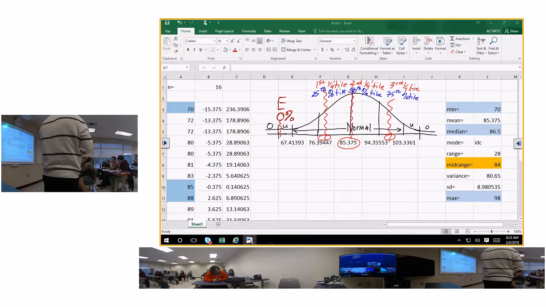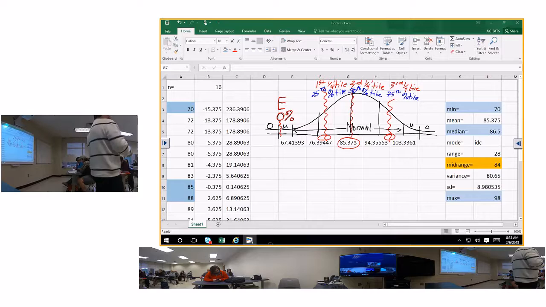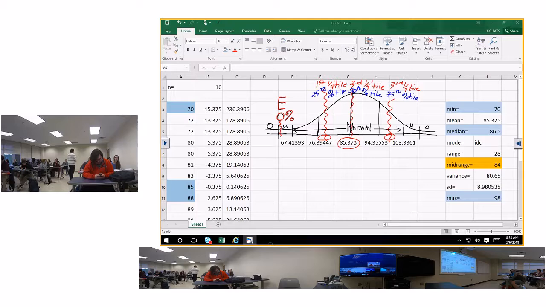You don't even have to recalculate them. They're already there. That's one of the reasons I teach you to do that whole list of things, because you already have it. The only 2 you have to find are the 1st quartile and the 3rd quartile. It's real easy to find because all you need to do is find the median of the median.